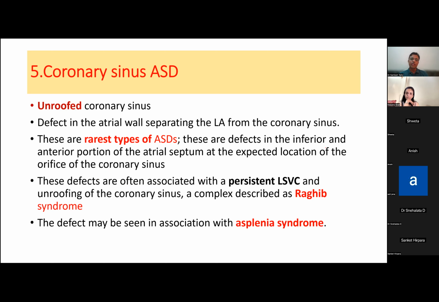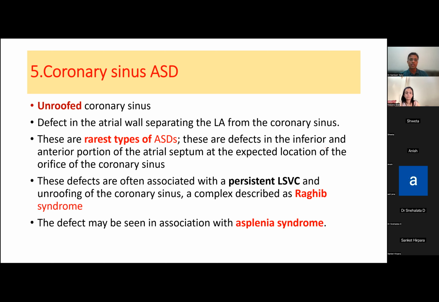The fifth one, which I mentioned, as usually the classification is around 4 anatomical types of ASD, is coronary sinus ASD. Usually the coronary sinus goes behind the LA and drains into the RA, carrying all the deoxygenated blood from the heart to the right atrium.